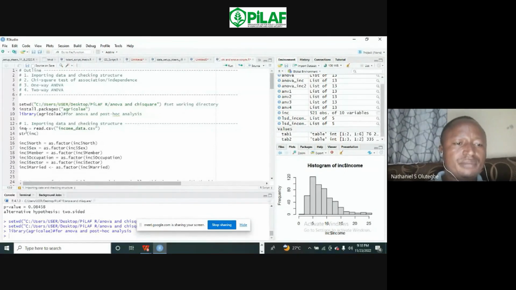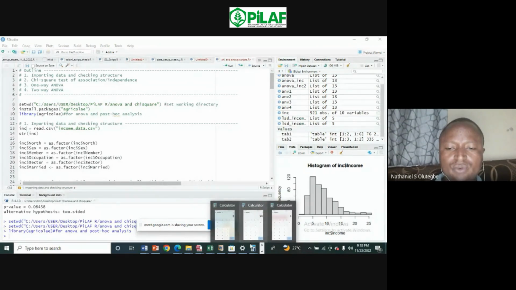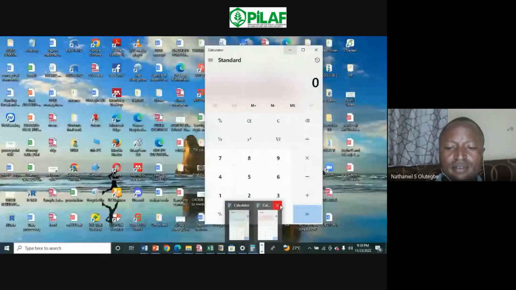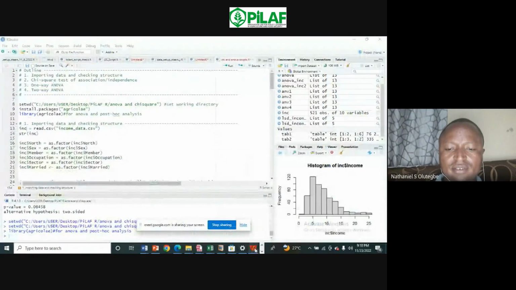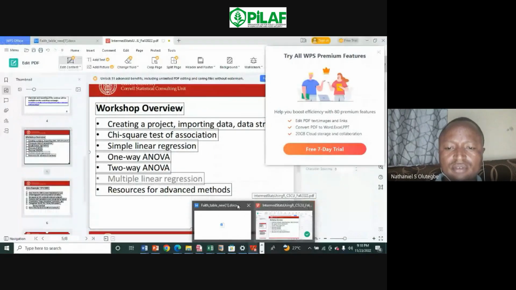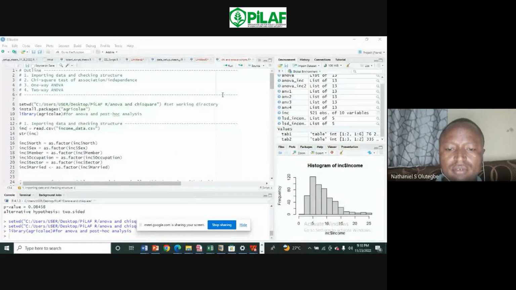So how do we import? The data set we want to make use of is inside my working directory here. Let me show us. Let me close some things so that it's easy for me to navigate; I have so much open on my system.